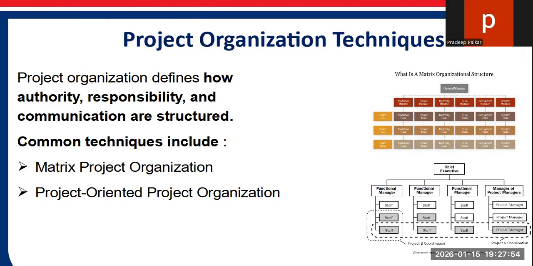The first, see here, is the matrix project organization. The matrix project organization is a hybrid structure that combines functional organization and project oriented organization. In this system, employees report to both the functional manager and the project manager.